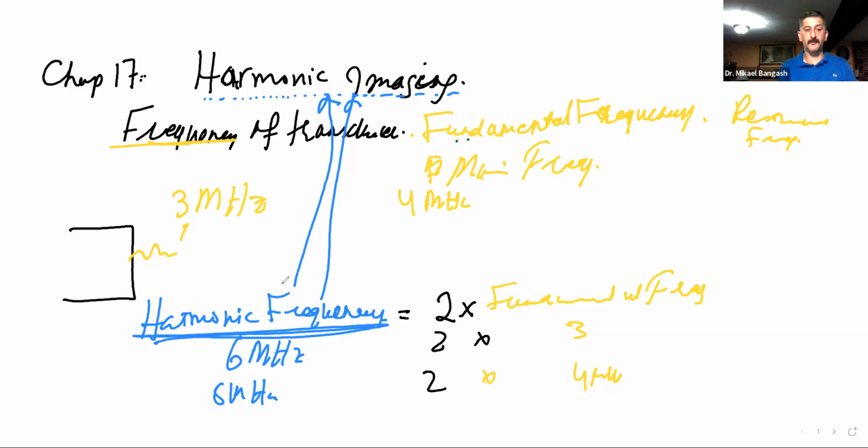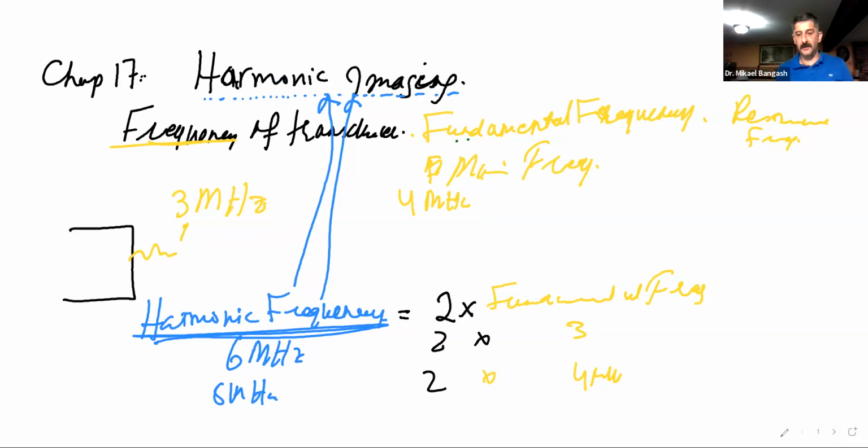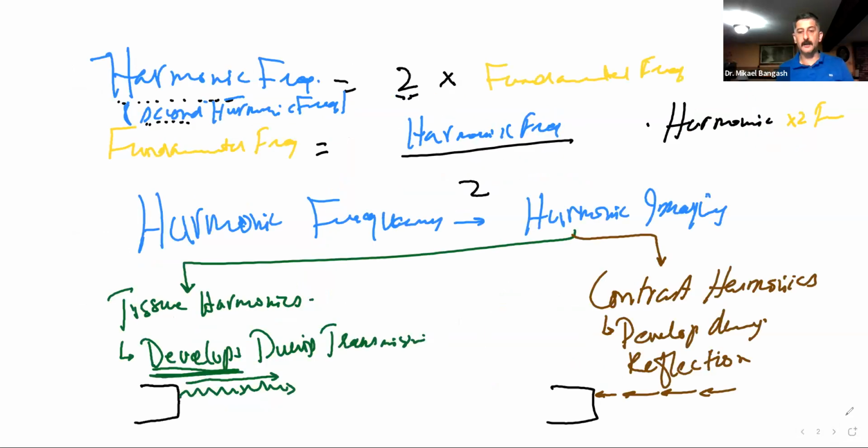And what that harmonic frequency will produce is a harmonic image. Or we can say the image that we get from a harmonic frequency, which is twice the fundamental frequency, will be a harmonic image.